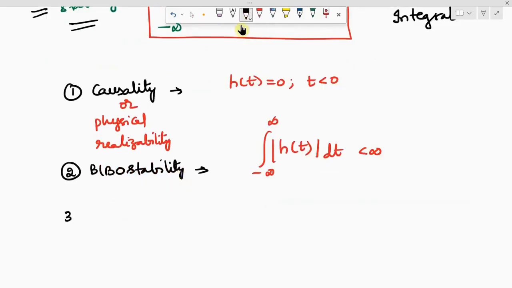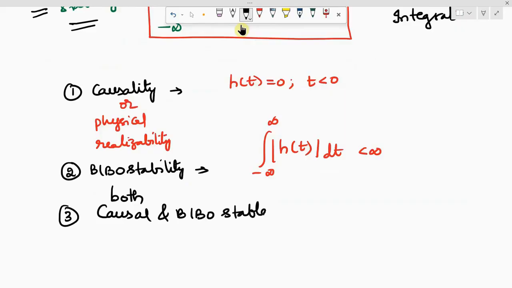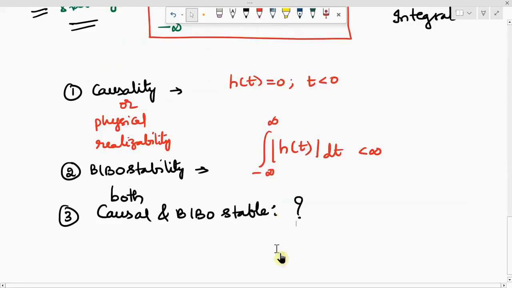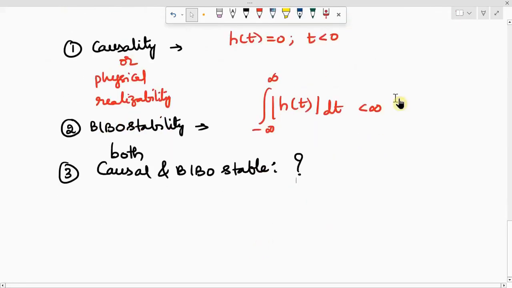Now I want from your side a condition so that the system is both causal and BIBO stable. Can anyone tell me the condition for a system to satisfy both causality and BIBO stability? You have the clue on the screen itself.